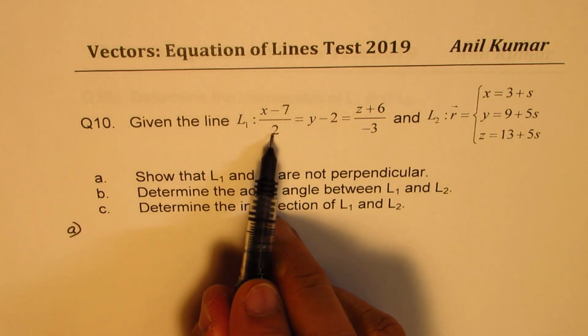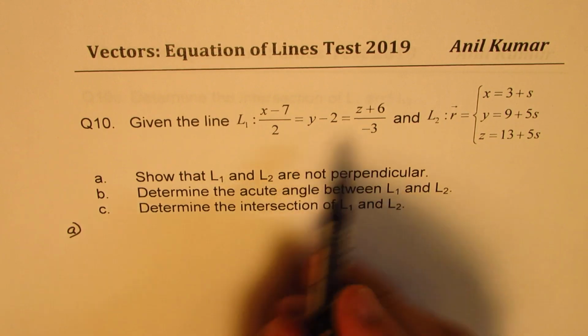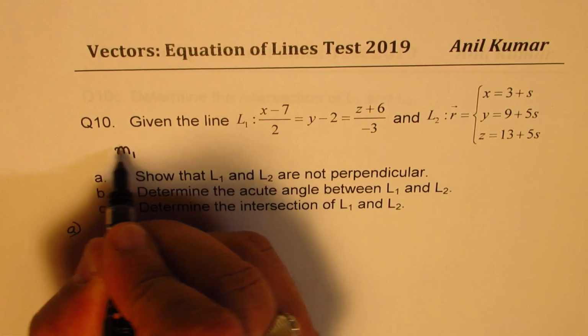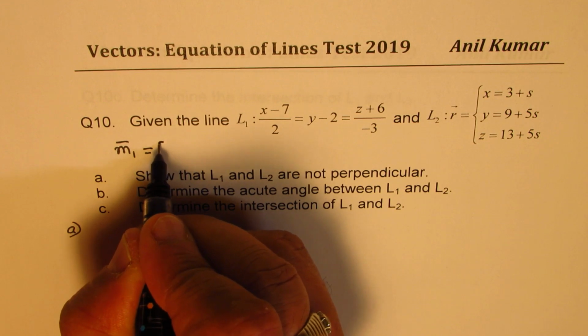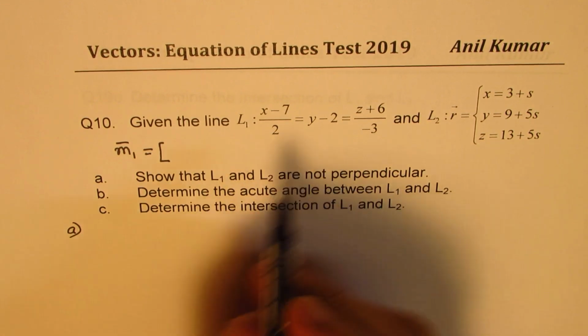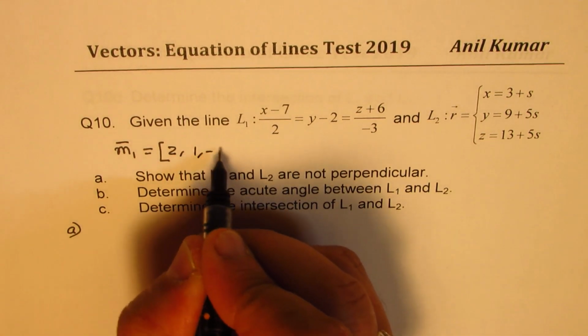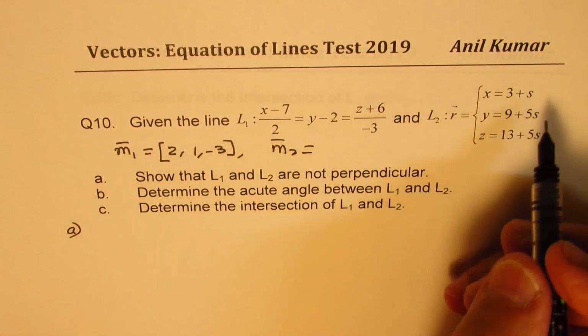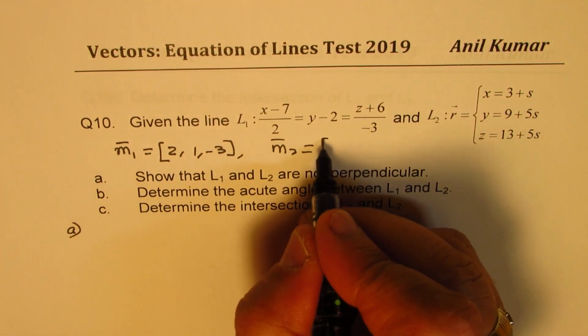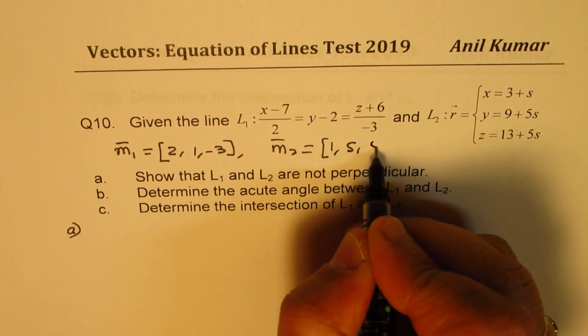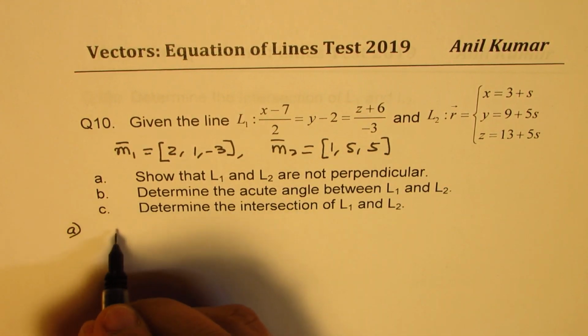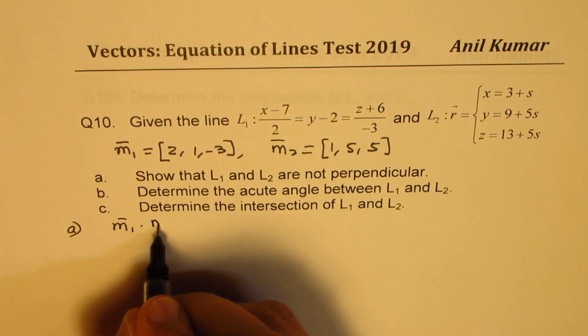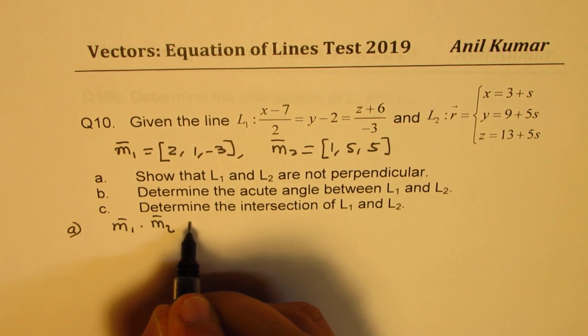So the dot product, the direction vectors are what? Let's write down here. So direction vector for L1 is 2, 1, minus 3. And direction vector for L2 is 1, 5, 5. Correct? So let's find the dot product of them.